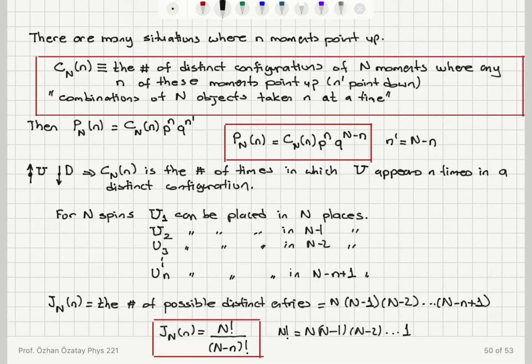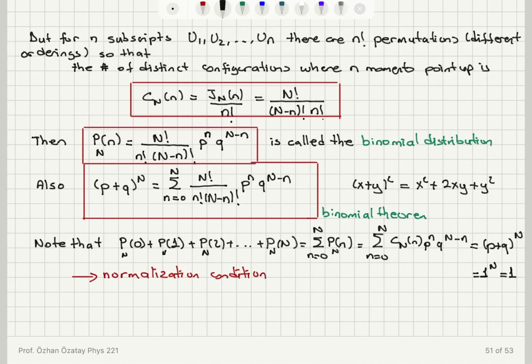So the number of possible distinct entries for these letters, U1 all the way up to Un, is N times N minus 1 all the way up to N minus n plus 1 factors. In mathematics, this can be written as capital N factorial divided by capital N minus lowercase n factorial.